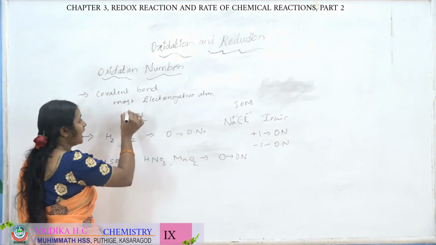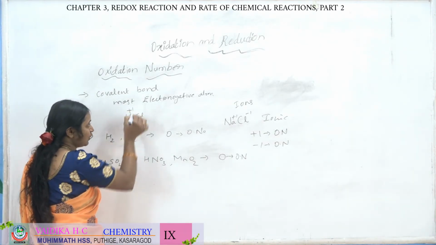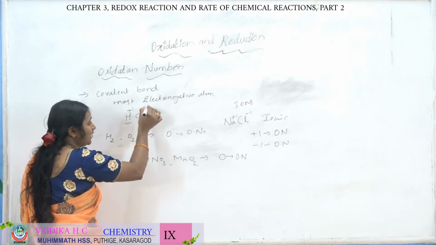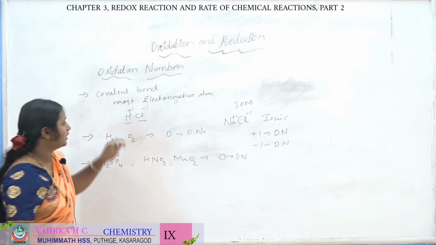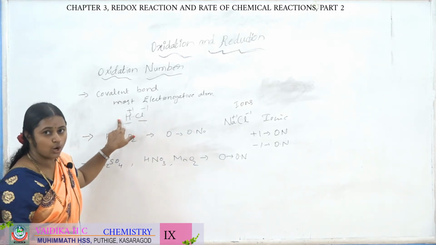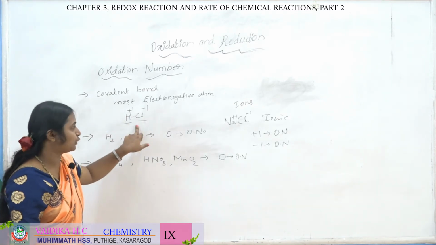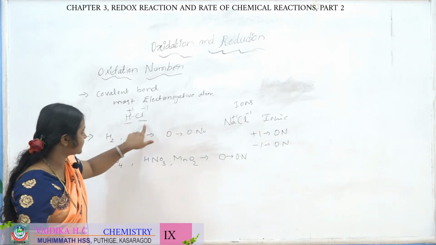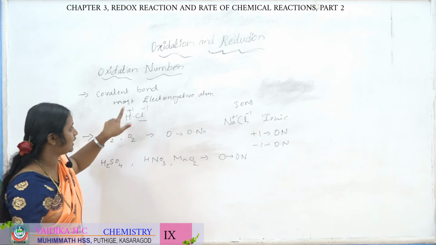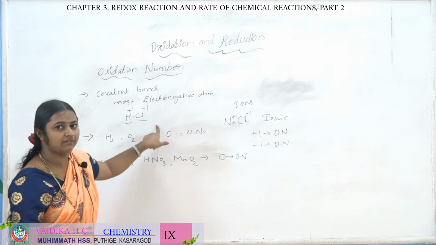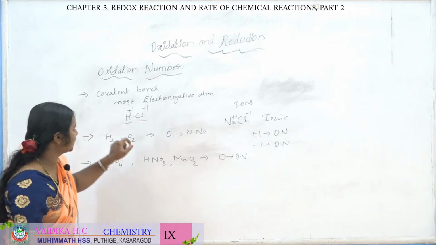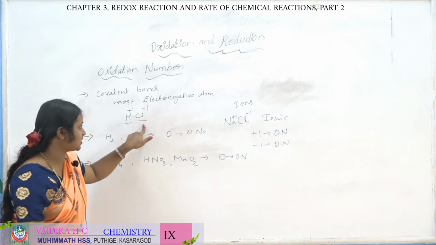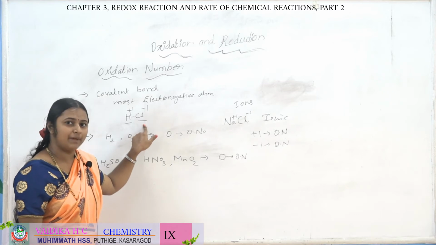So here hydrogen will lose the electron, so it will get the +1 charge. Hydrogen loses 1 electron and chlorine gains 1 electron. So in HCl, hydrogen loses 1 electron and chlorine gains the electron. So the oxidation number of hydrogen is +1 and the oxidation number of chlorine is -1.